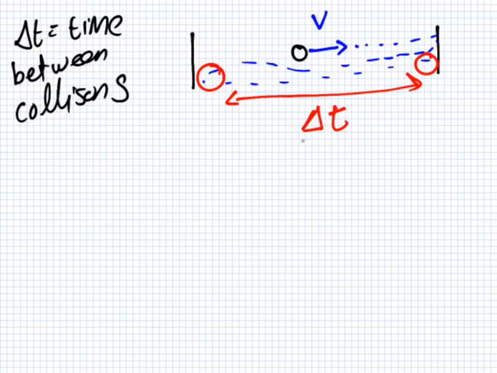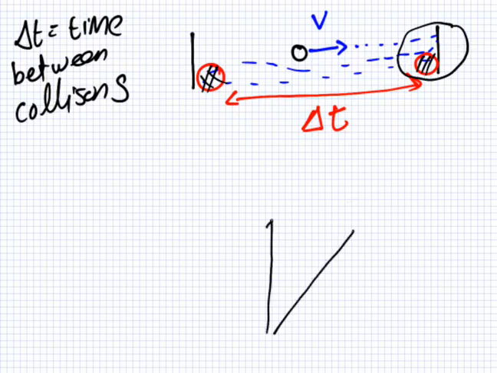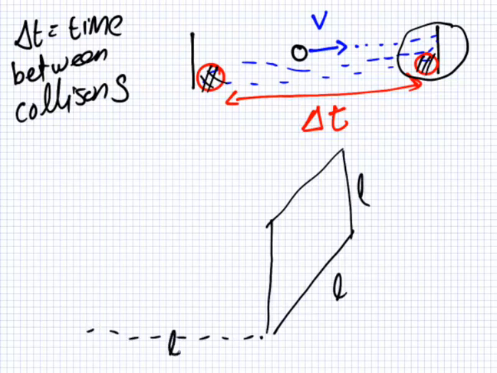We'll say that the time to go from here to here, we'll call the time taken delta t. You need to write this down. Delta t is the time between collisions, and v is the speed of the particle.